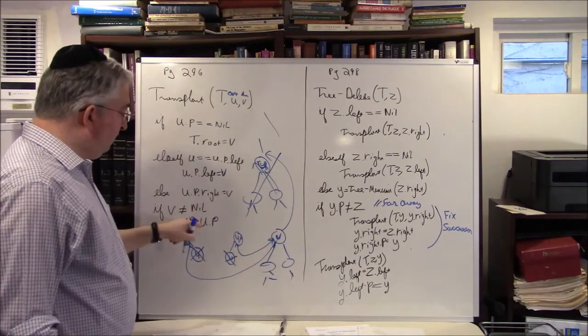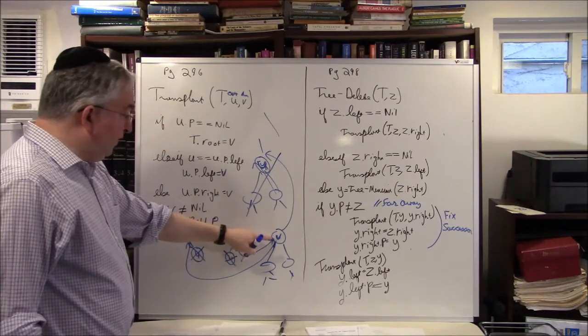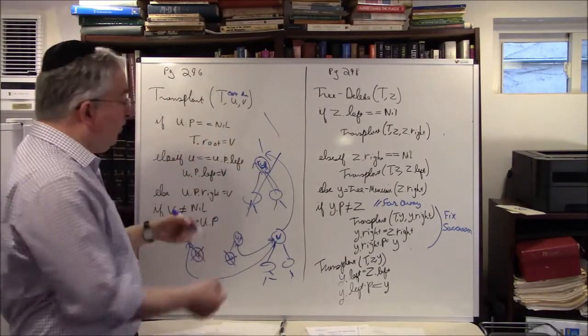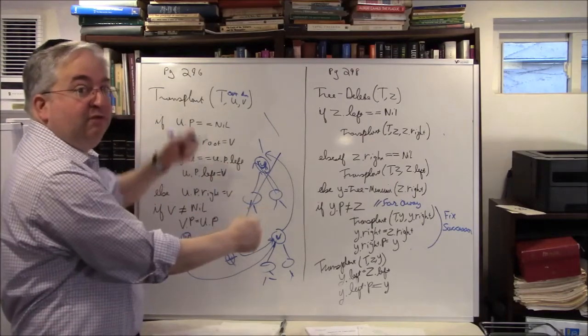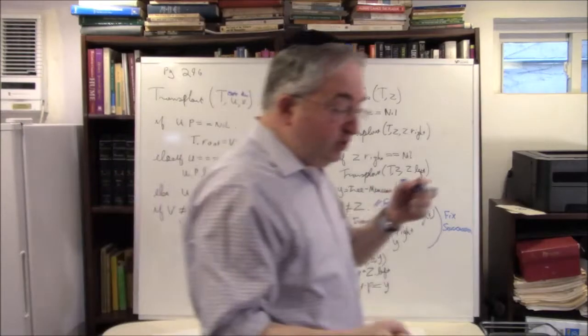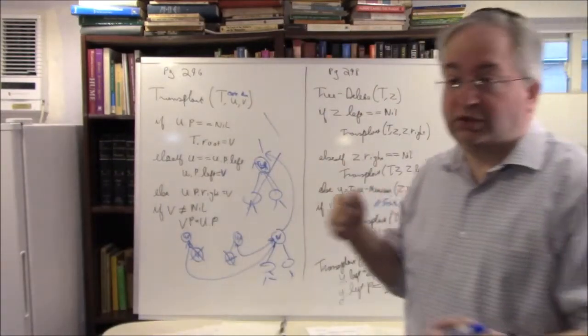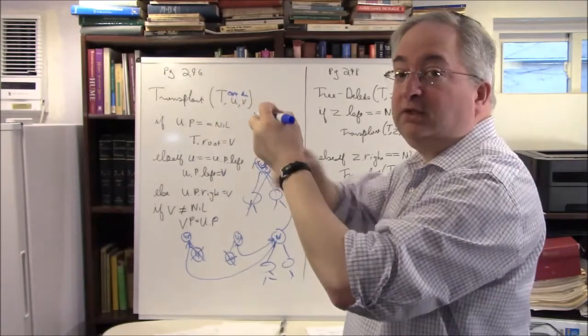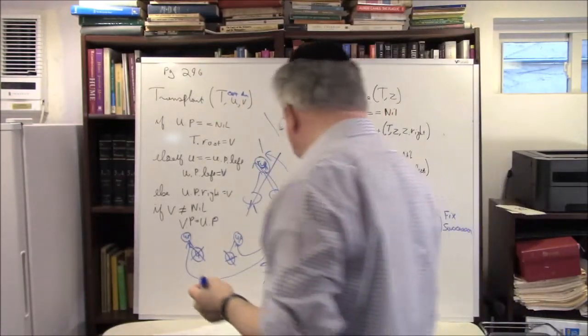U is out, and we're only left with that. So basically, we're just attaching V to the right place. But as you know, with data structures, you have to do two different things. You have to attach V to its parent, and you have to attach the parent to V. Okay, that takes care of that.